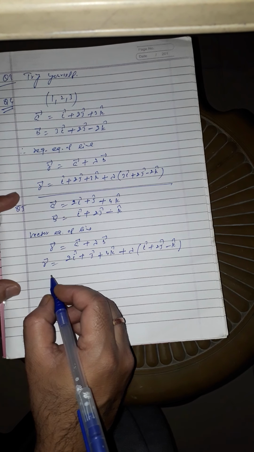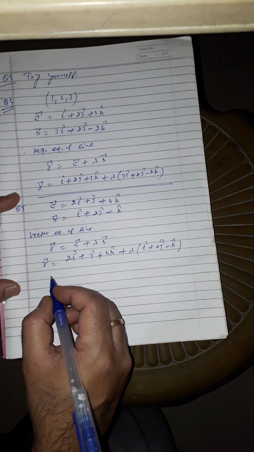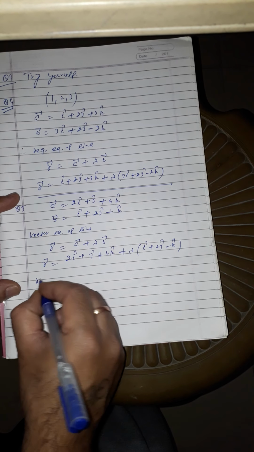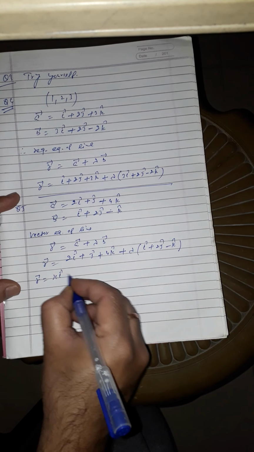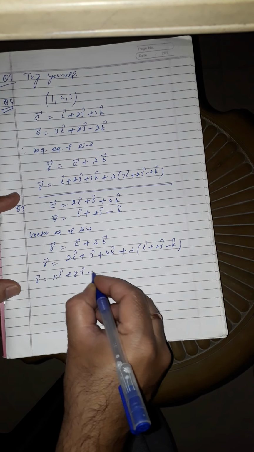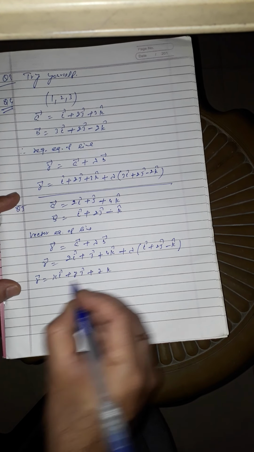Because we have to find out the Cartesian form also, as you know that this R vector is equal to xi cap plus yj cap plus zk cap, right students?